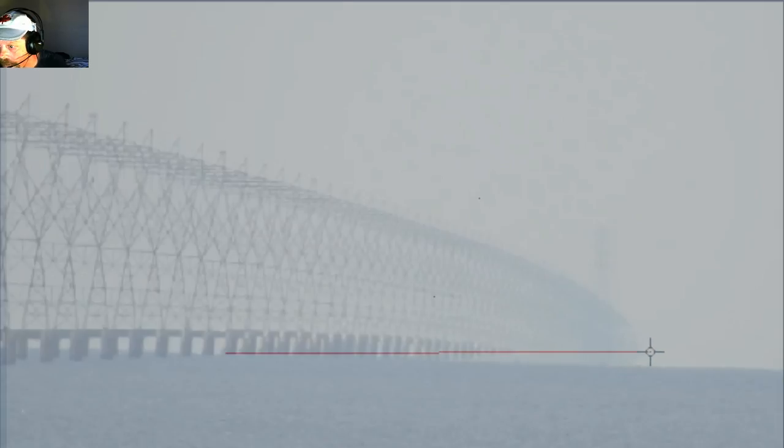You can see the line running through. See right through there, right there where the lines come through.